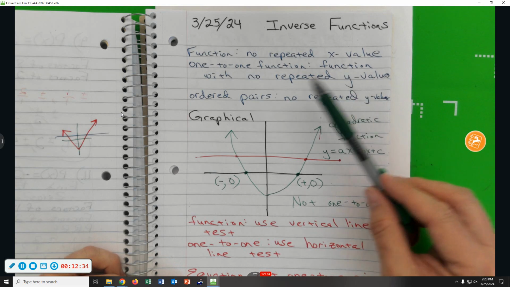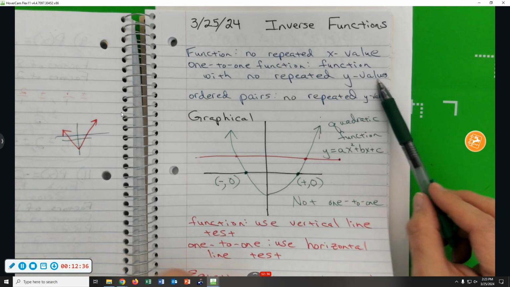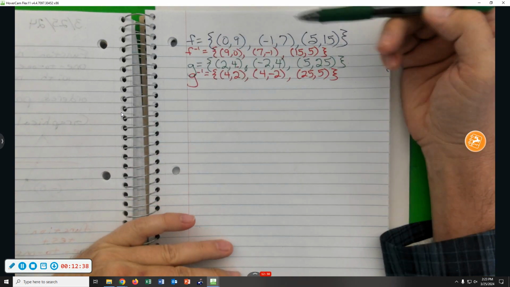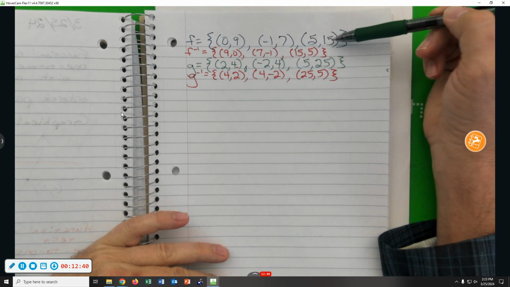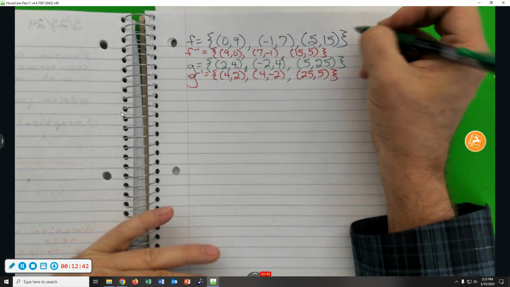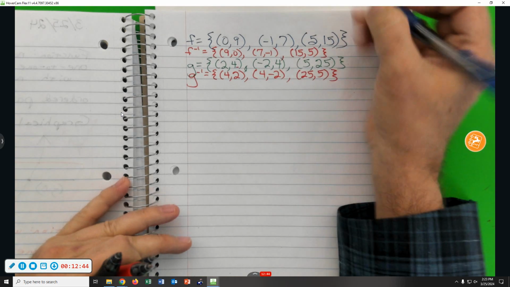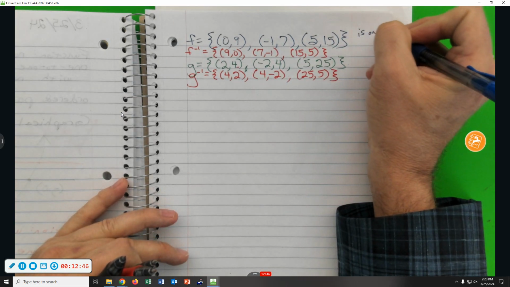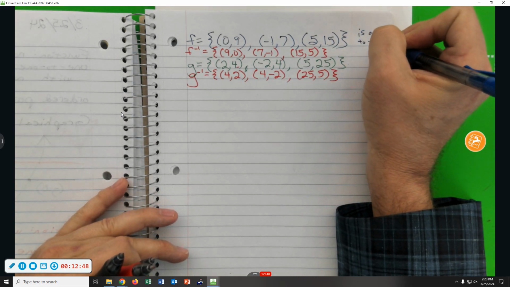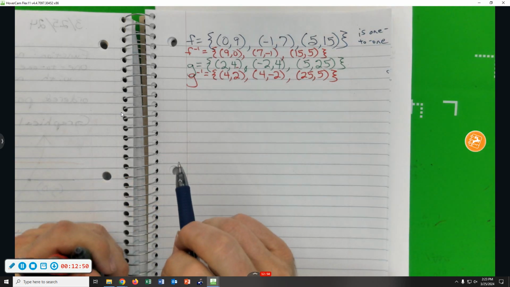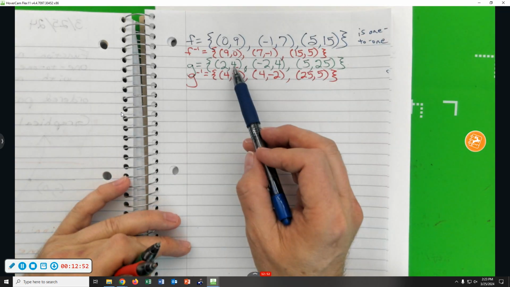One-to-one has no repeated y values. That's the difference. f is one-to-one. Notice those y values are different. g is not one-to-one. That's fine.